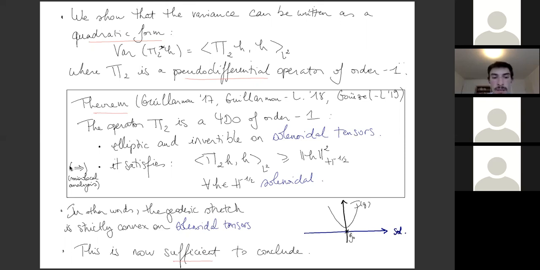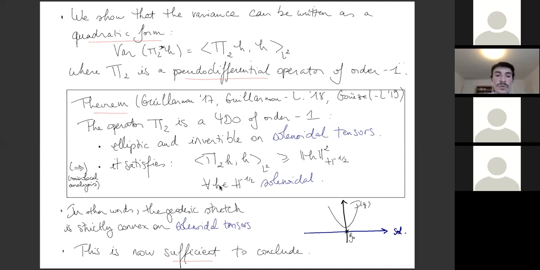And by microlocal arguments, this automatically implies that you get for free a lower bound for this quadratic form. Namely, if you look at pi2 of h against h, you integrate with respect to the L2 scalar product, then this is going to be bigger than h in the H minus 1/2 norm, and that's where the H minus 1/2 norm of my initial theorem appears, and then to the square, because it's a quadratic term.